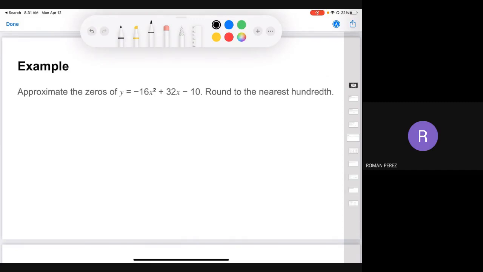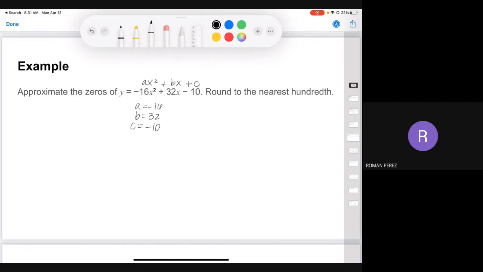So here we have an equation in standard form, right? And so that means that A would be negative 16, B would be 32, and C would be negative 10, right? In standard form, we're able to solve for A, B, and C.